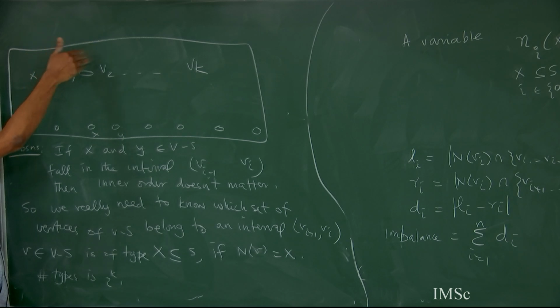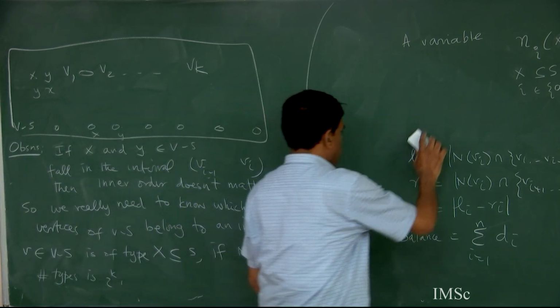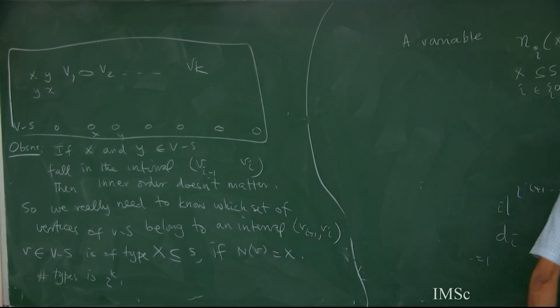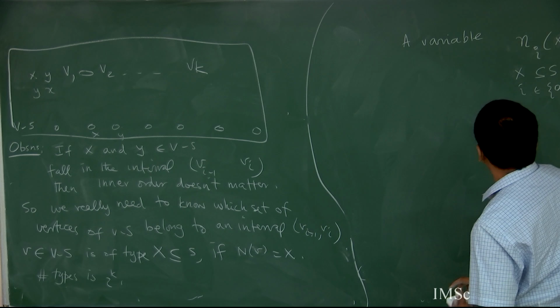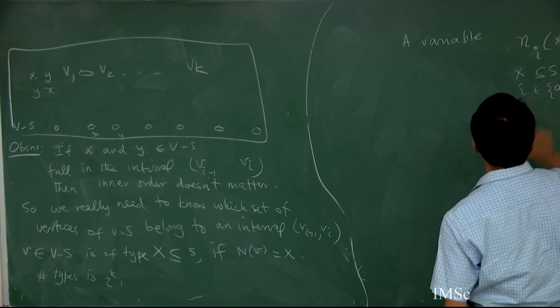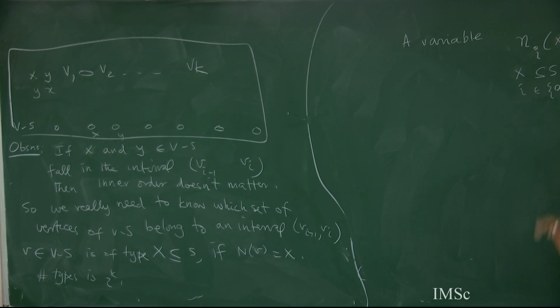I don't care what order they are in, and that's it. They fit in there. Once I do that, I get an ordering for the entire vertex set. So now let's talk about the constraints. How many variables are there? There are (k plus 1) times 2 power k variables.